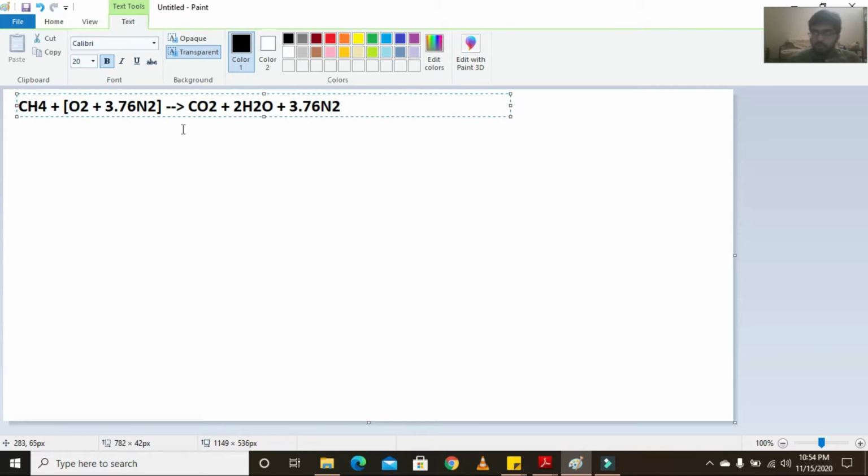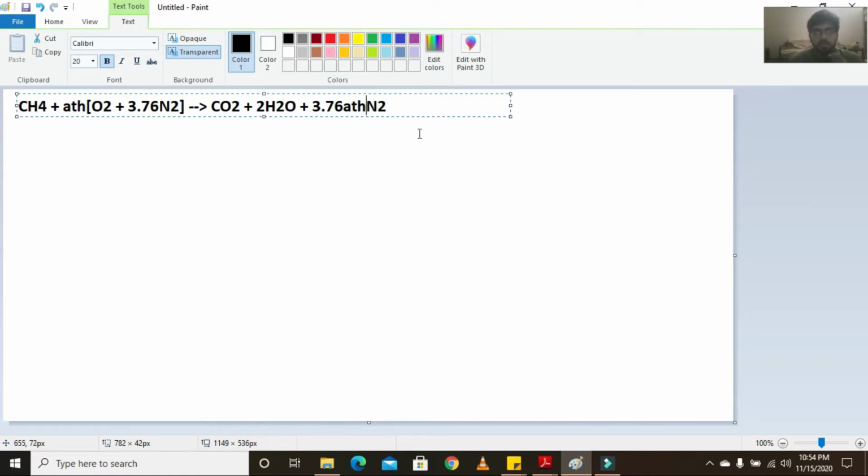Since I do not know the amount of air which is going to be utilized here, and it is mentioned in the question that the air is stoichiometric, this methane is being burned with the stoichiometric amount of air. So I'm just using ATH here. ATH is the number of moles of air which are theoretically required for the combustion of the methane. So I will have to add this ATH here as well.